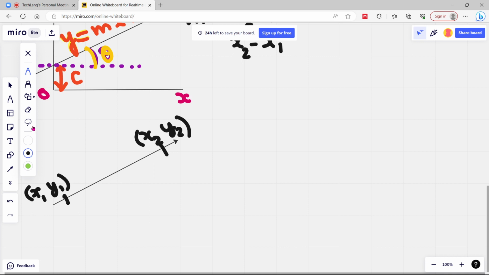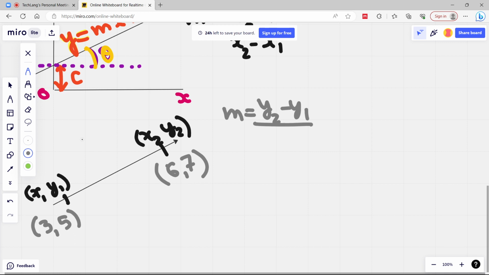If I know these 2 points, then I can get the slope value. Let's say the first point is (3, 5) and the second is (6, 7). So I'll write m as y2 minus y1 upon x2 minus x1.